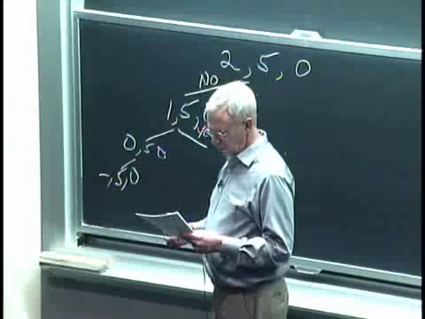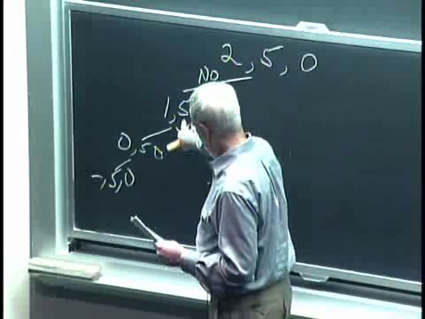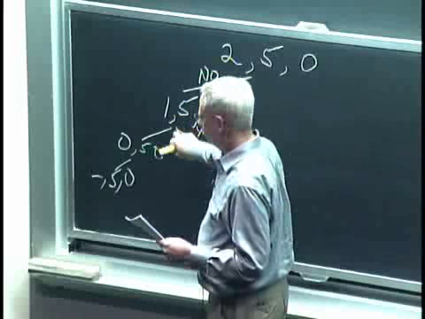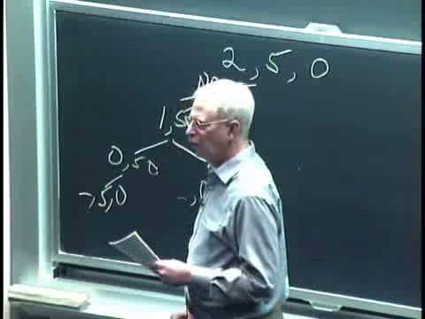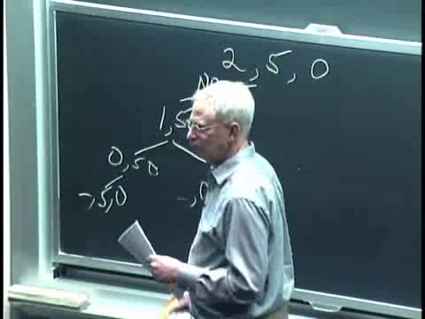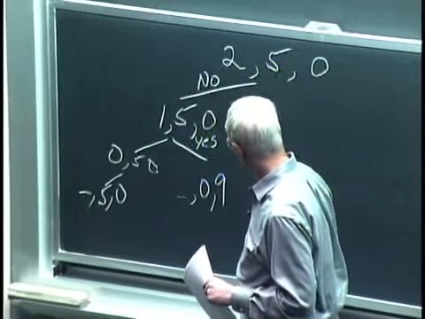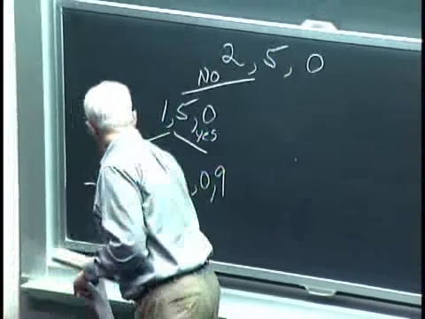We'll include item number 1. Well, what happens here? If we've included that, it uses up all the available weight and gave us a value of 9. Pardon? Yes, I want to be off the 0, 5, 0 branch.